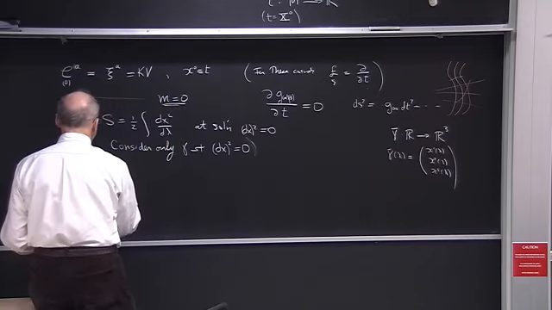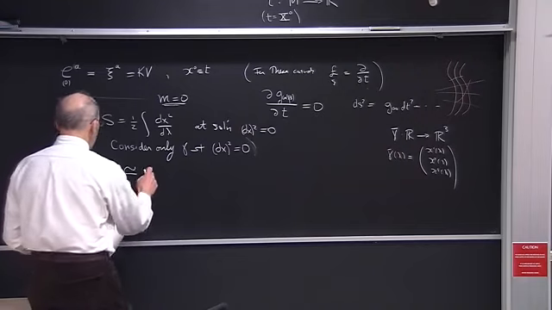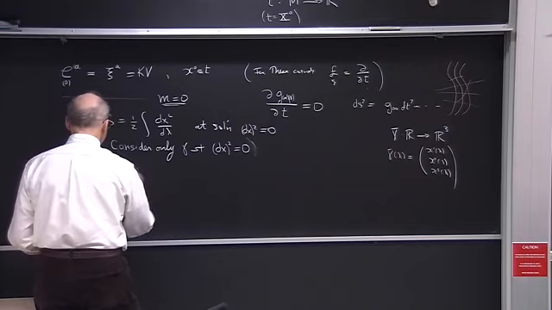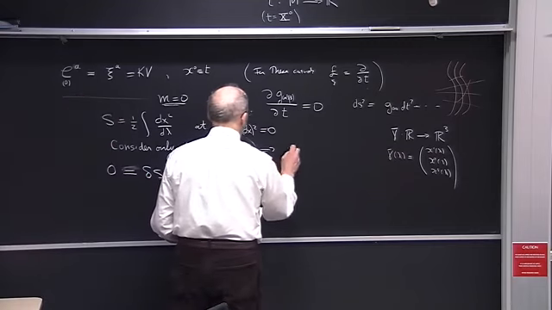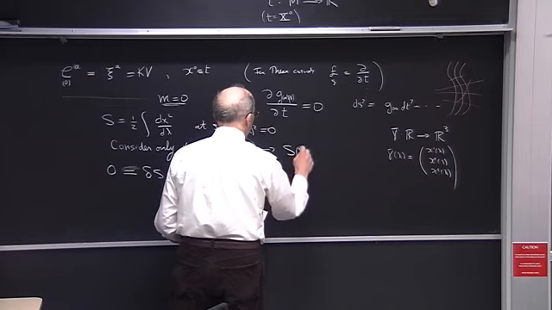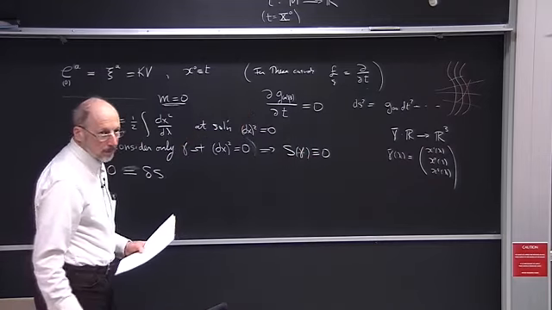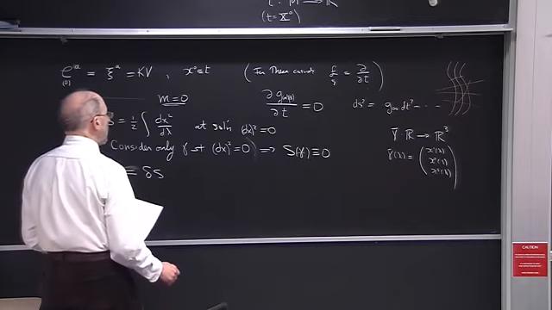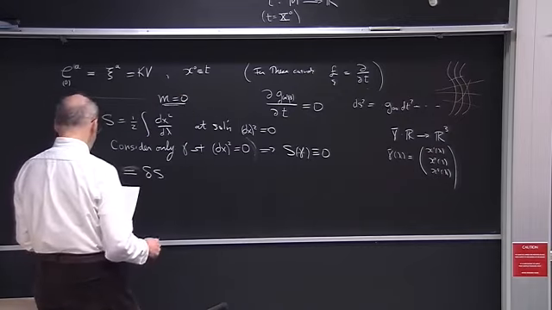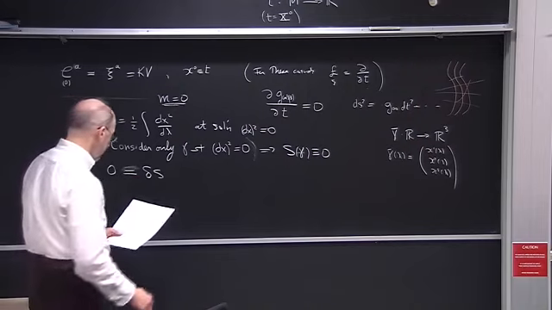Because of that restriction, S of γ, no matter what γ we consider, is 0, because the integrand itself is 0. So if it's 0, then when we take its variation, it's also 0.